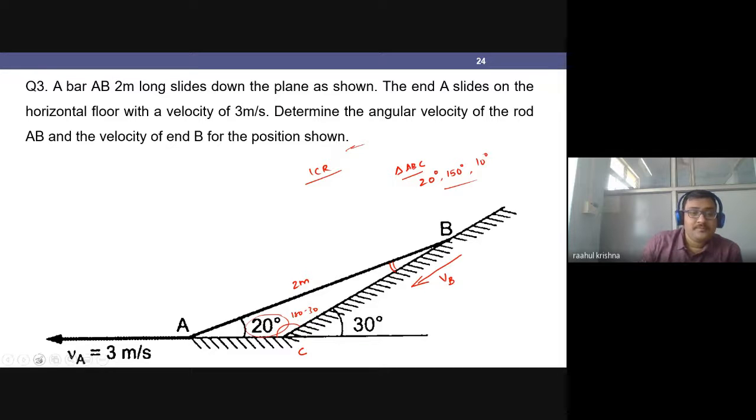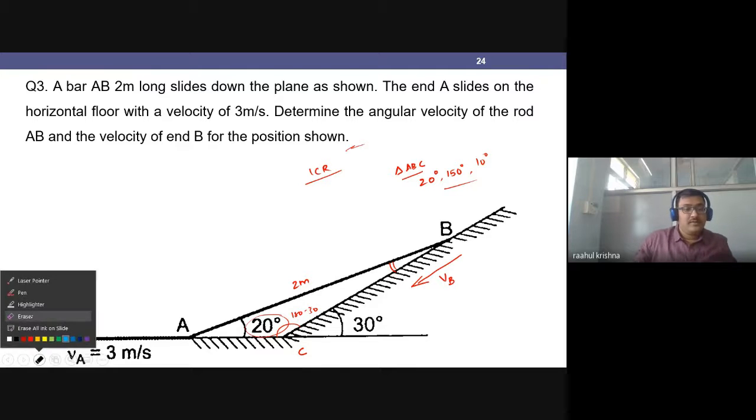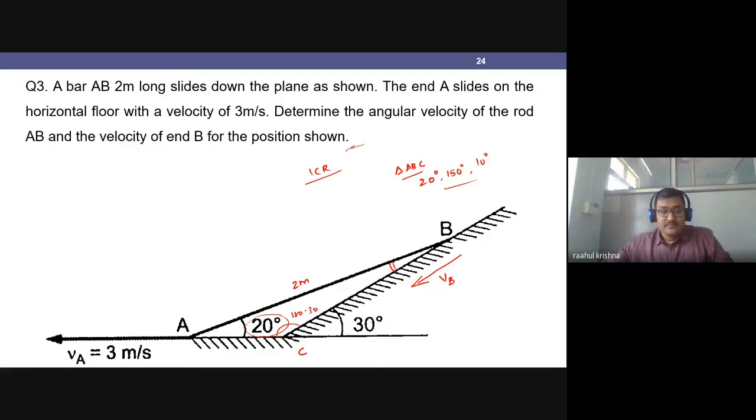Now I have to drop the perpendiculars from both the point A and the end B. So from end A, let me drop my perpendicular. I know this is not exactly perpendicular, so let me try using a scale like yesterday.